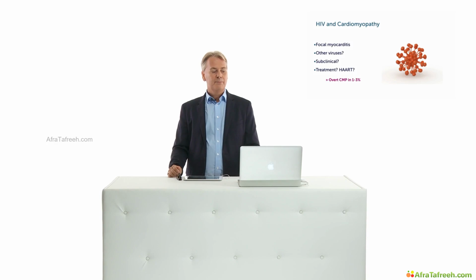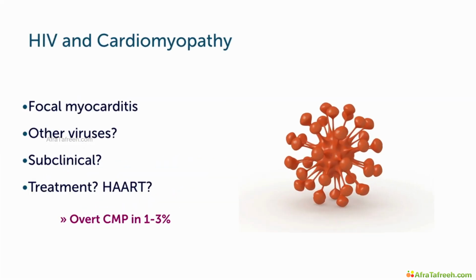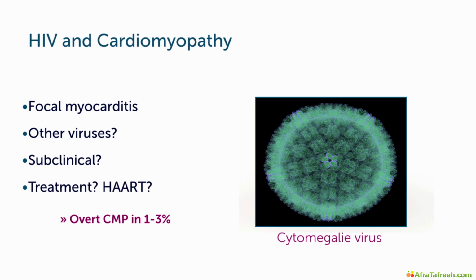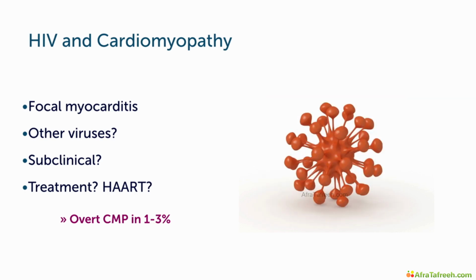What is the pathomechanism? Well, we know that it's some kind of a focal myocarditis, and that frequently you will find other viruses in the biopsies as well, because the patients are immune compromised. That's where you have other viruses that are in the myocardium in addition. You have a number of different subclinical forms. Sometimes you only see mildly reduced left ventricular function.